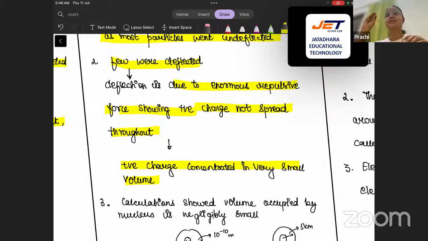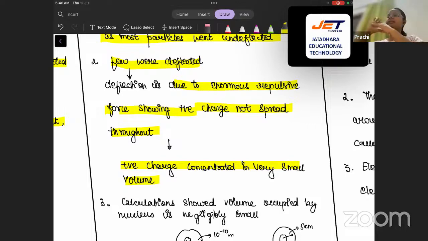Because if it is concentrated at one place, then this can happen: even if a positive charge comes with very high speed, they'll repel each other. If it is concentrated at one place, repulsion will happen.